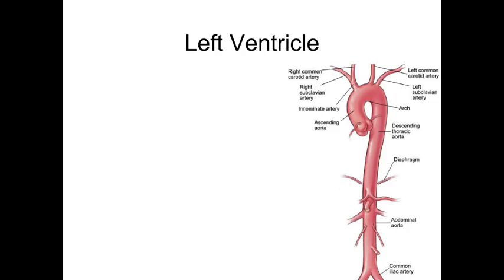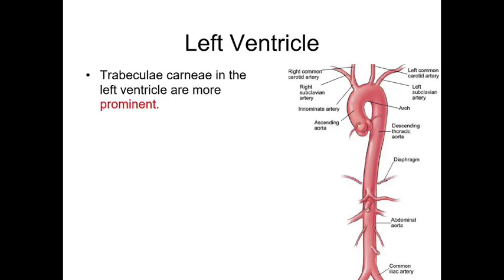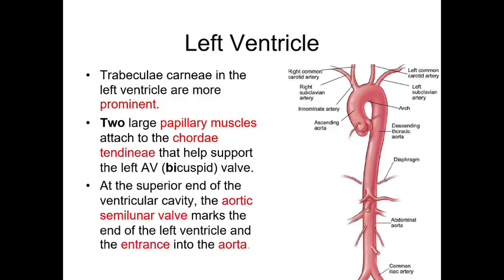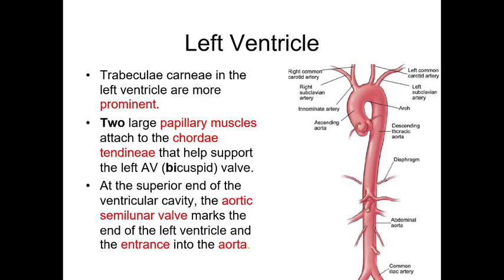So as blood leaves the left ventricle, right, it is going to go through the aortic valve right about here and is going to enter up into the ascending aorta, go around the aortic arch, and then down the descending aorta.